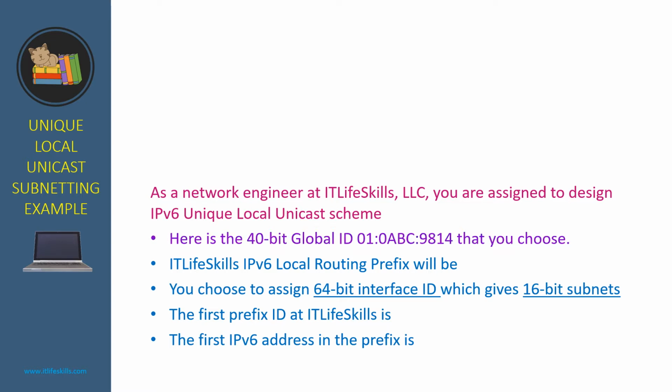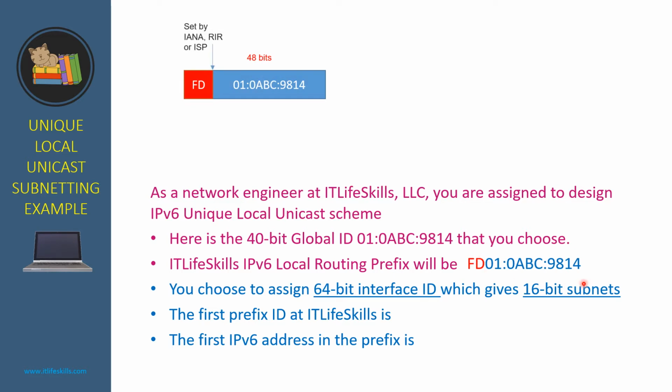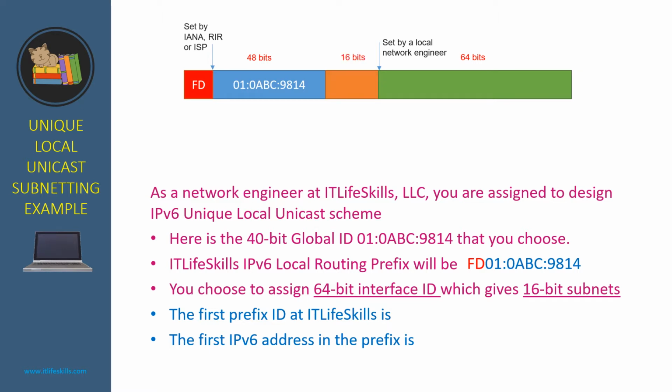Here is the 40-bit global ID that you choose. Therefore, the IT Life Skills IPv6 local routing prefix will be this. By following the best practice, you choose to assign a 64-bit interface ID, which gives 16-bit subnets.